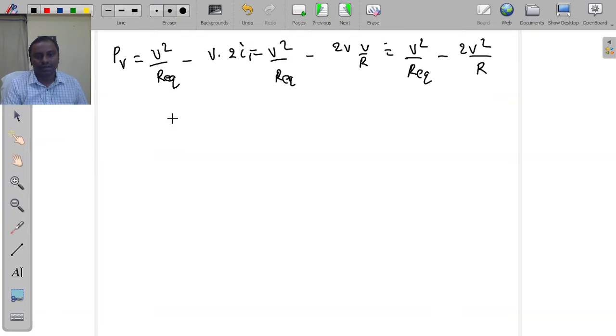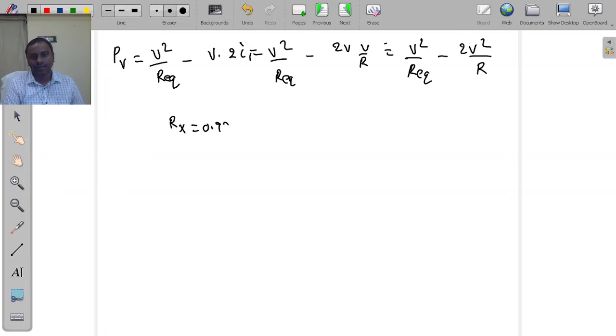Now what is the R equivalent? Sorry, R equivalent, not Rx.